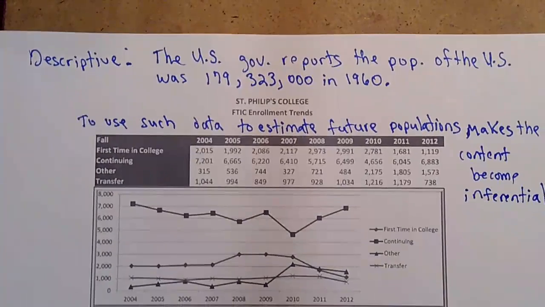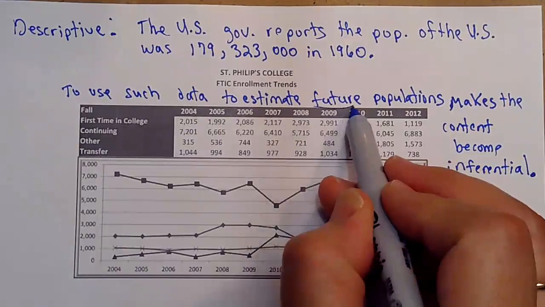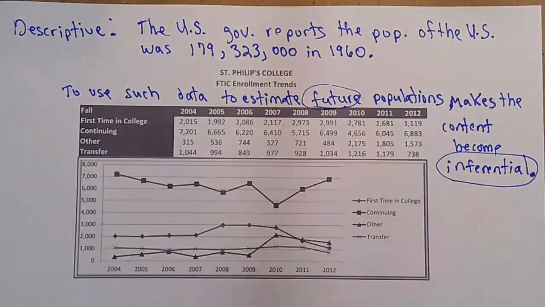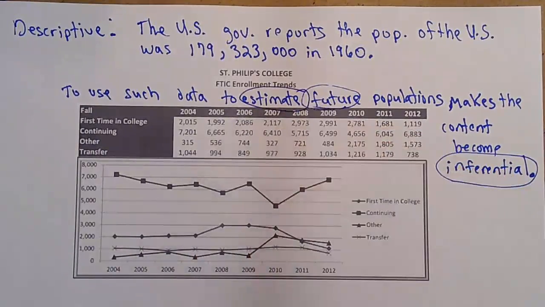I'll show you that in a little bit when I read the definition towards the bottom: whenever you're trying to make estimations or some kind of futuristic estimation or a future goal, it becomes more inferential when you use data to make estimations about the future. So a key word there is future and inferential. Future estimates, okay?